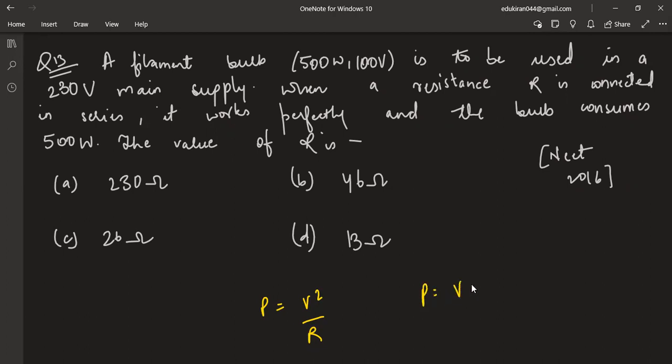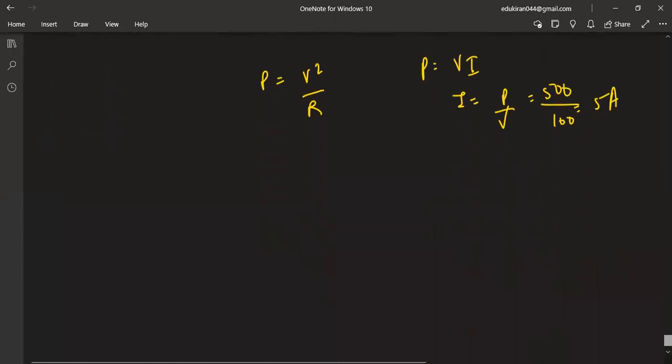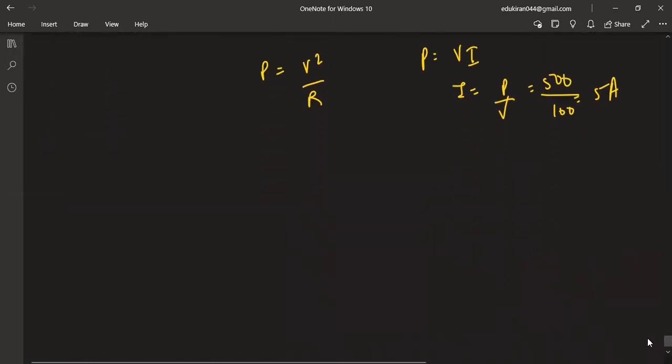Also, you have a formula P is equal to VI. So from here also you can get the value of current as P by V. So P is 500, V is 100, current will be 5 amperes. Now you have current. So resistance of the bulb.